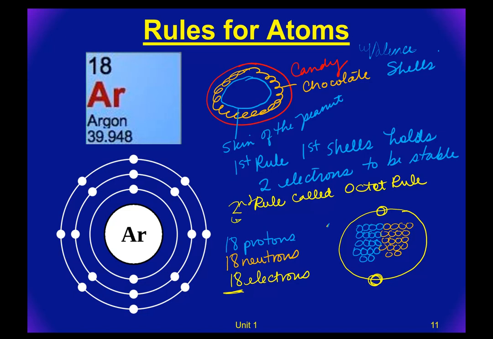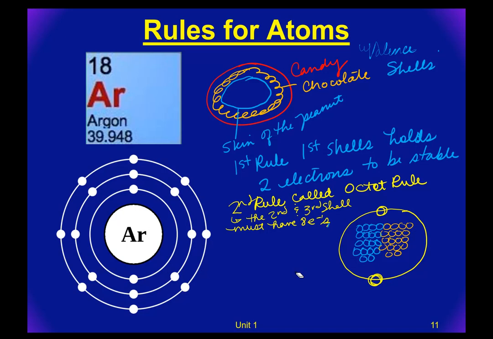So the second and third shell must have 8 electrons to be stable. Okay? So we're moving from the innermost shell that can at most hold 2 to the second shell.